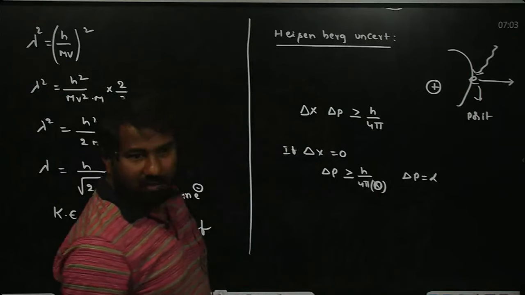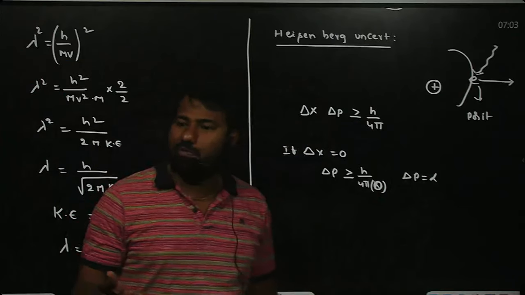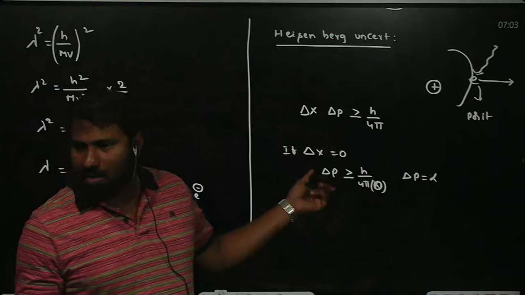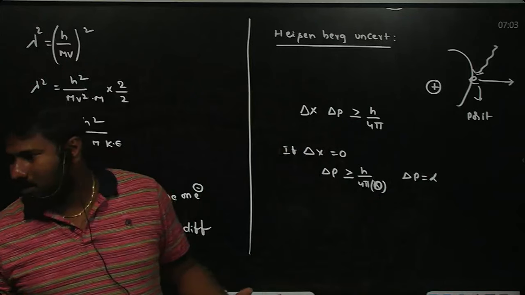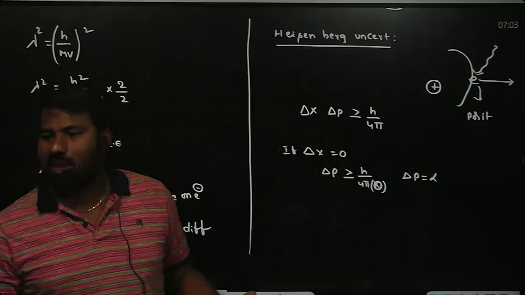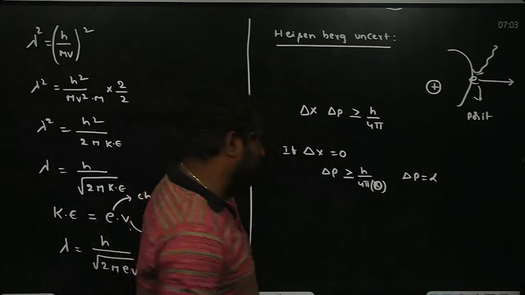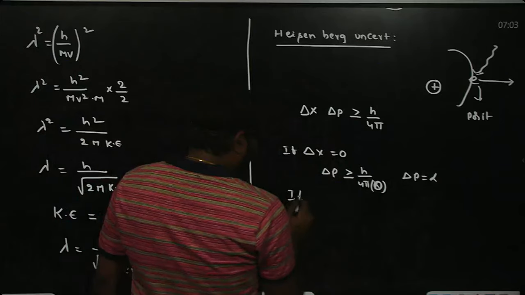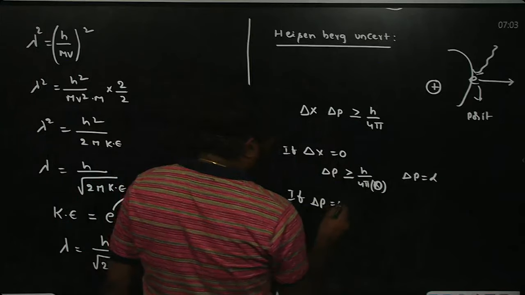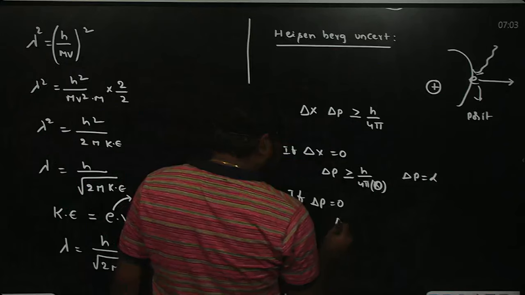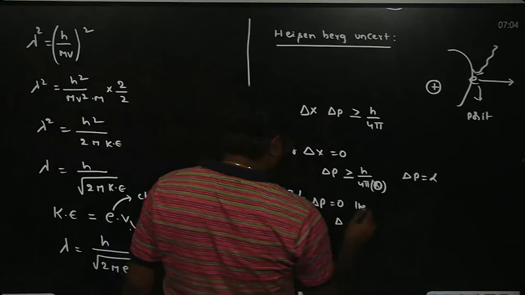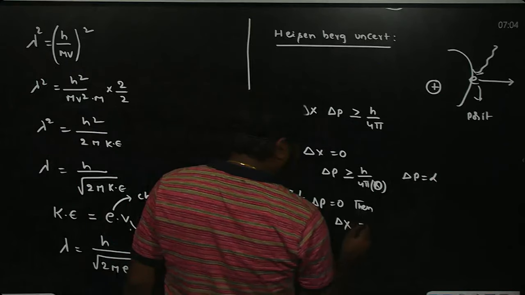That means if there is no change in position of the electron, the change in momentum becomes infinity. In the same way, if delta p equal to 0, then delta x becomes infinity.